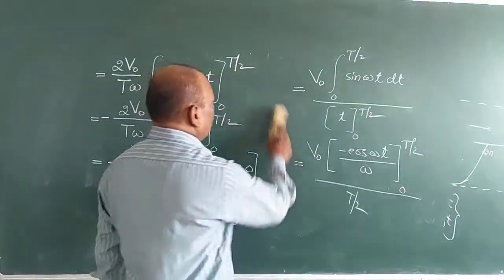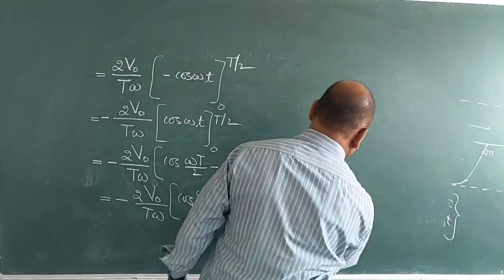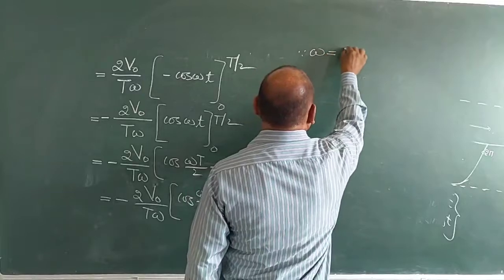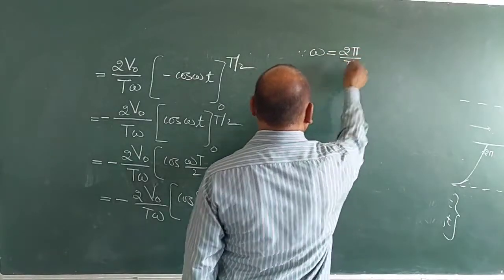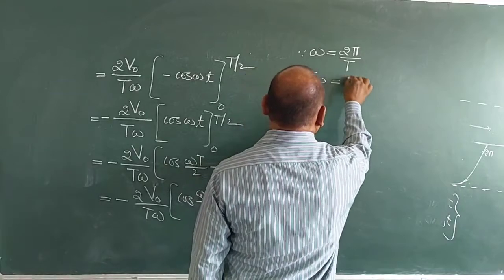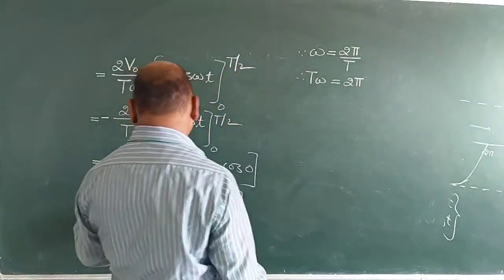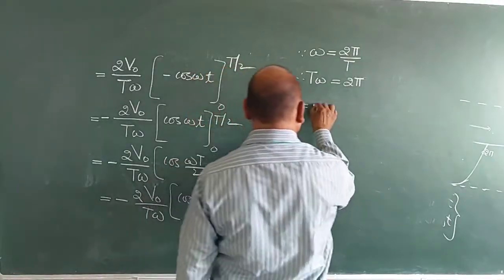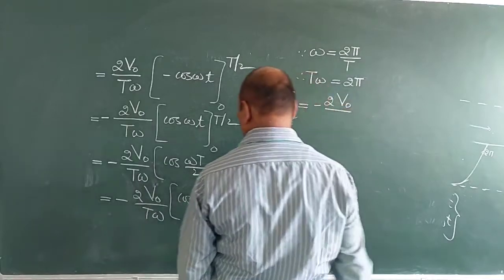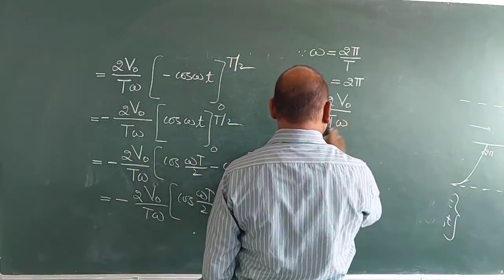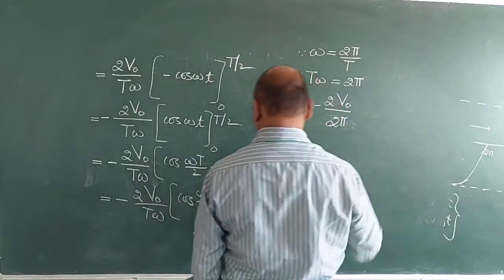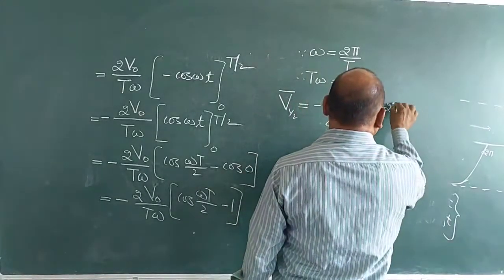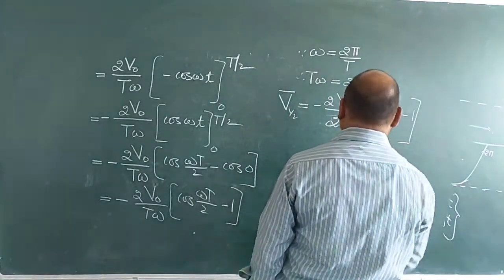Now what will be omega T? Since we know that omega is equal to 2 pi upon capital T, therefore T omega is equal to 2 pi. So putting here, this is equal to minus 2 V0 upon 2 pi, into cos 2 pi upon 2 minus 1.